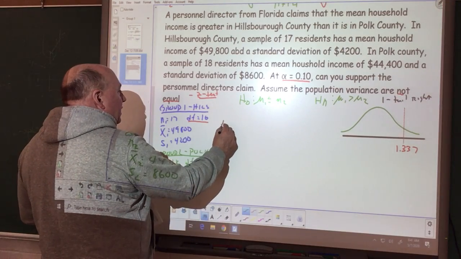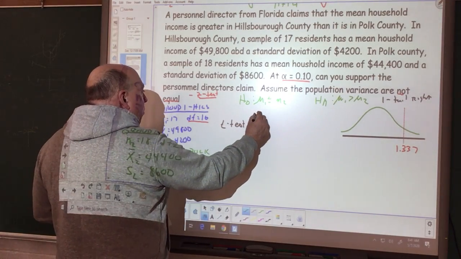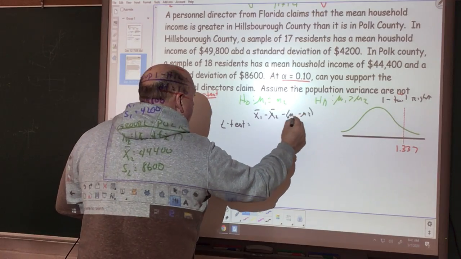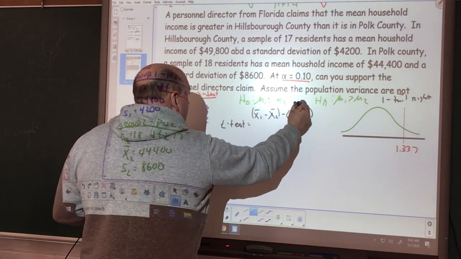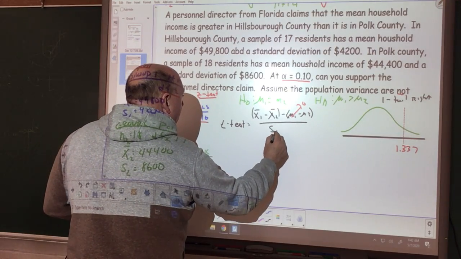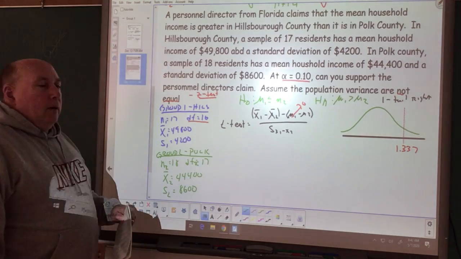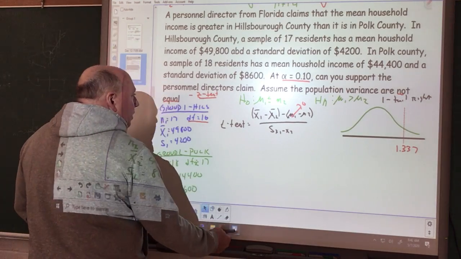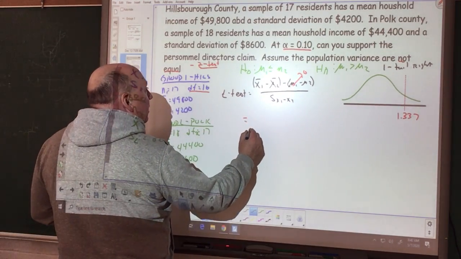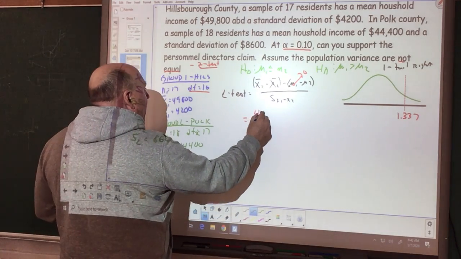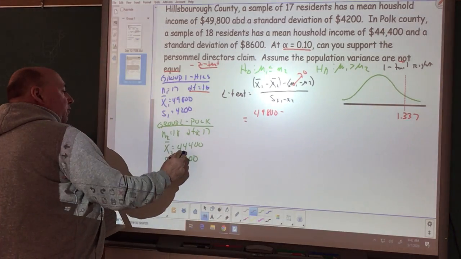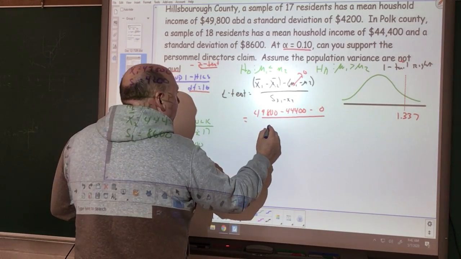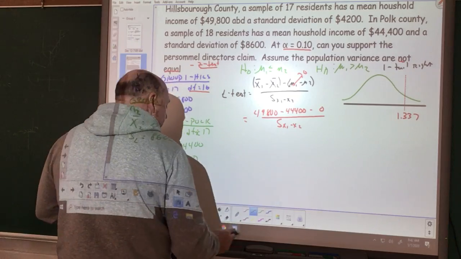So we have our t-test value, x bar 1 minus x bar 2 minus mu 1 minus mu 2, which once again is going to go to 0, over s x bar 1 minus x bar 2. So x bar 1 is 49,800 minus 44,400 minus 0 over this standard error.